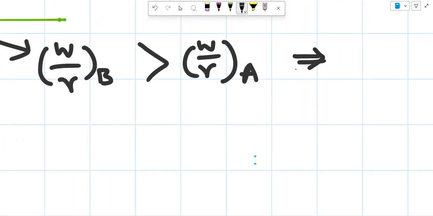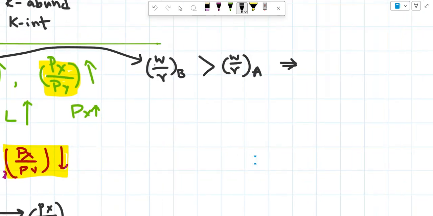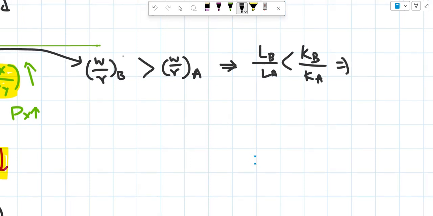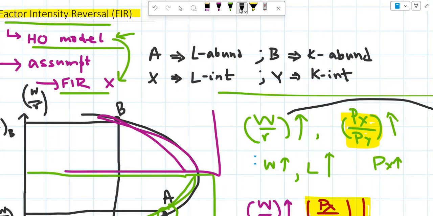It means WB is more, so wage is more in economy B. That means it has less labor. So LB by LA is less than KB by KA. So basically A is labor abundant. Basically this is what they are saying.